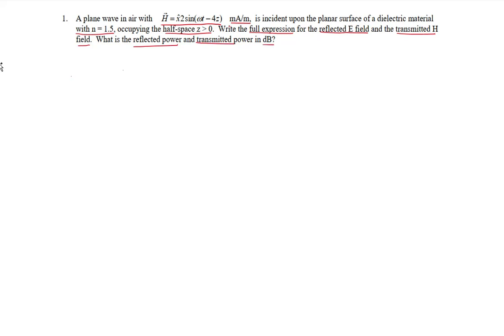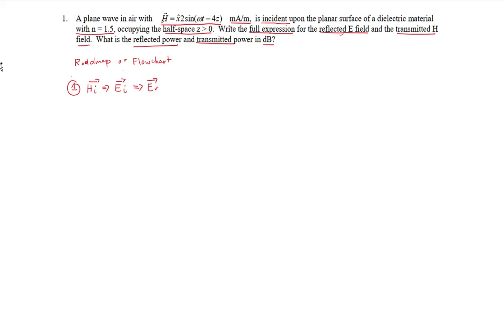What I do to help me out is write down some kind of a roadmap, or a flow chart, if you will. We are given H of I, the incident H field. From H of I, we know how to get to E sub I. From E sub I, we can get E sub R, and that takes care of the reflected E field.